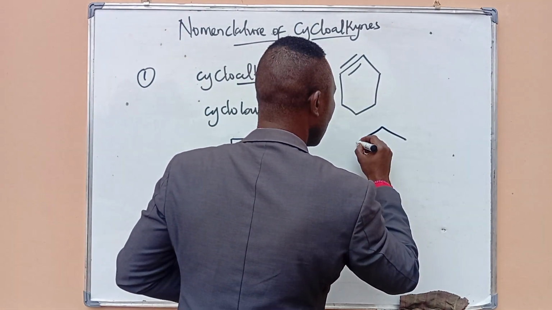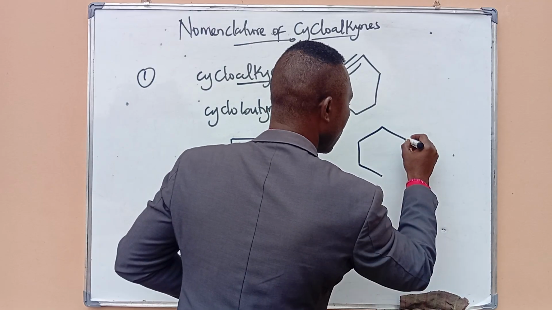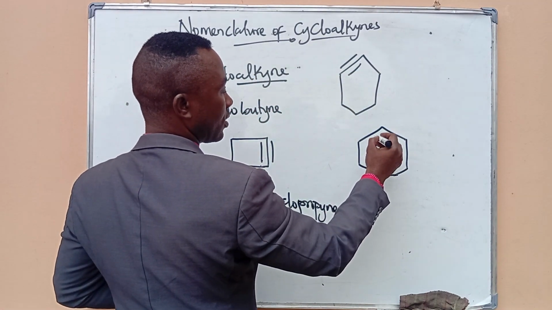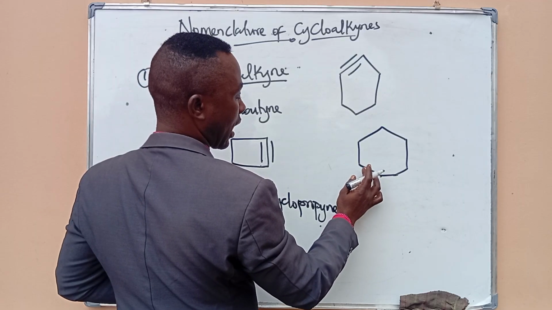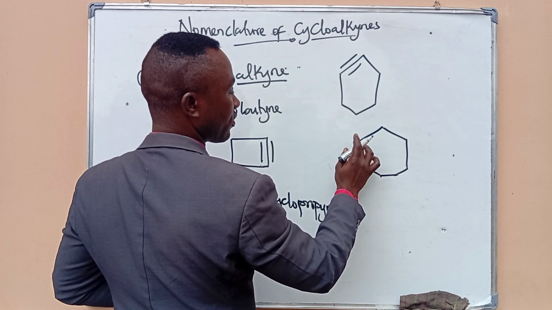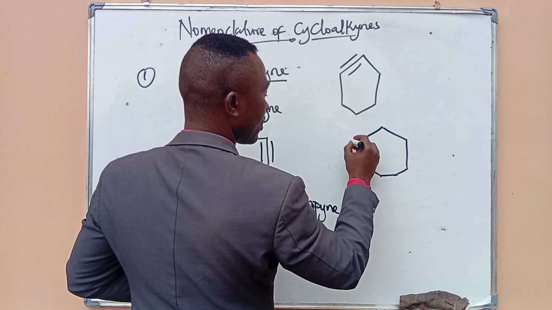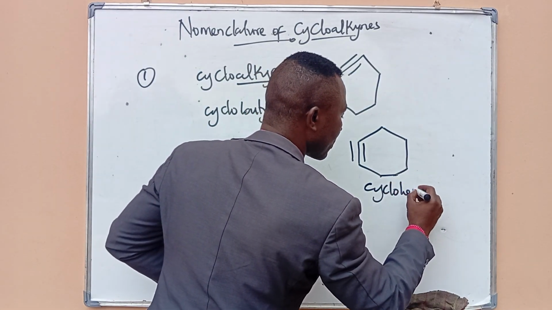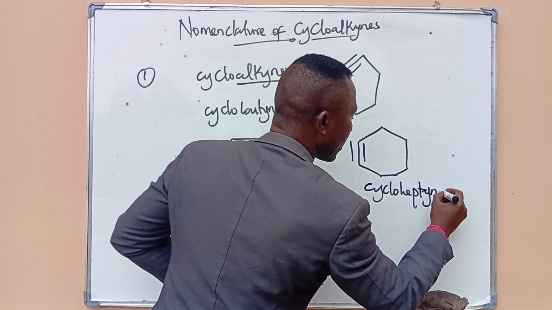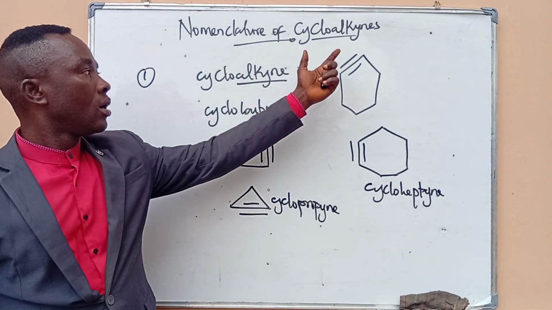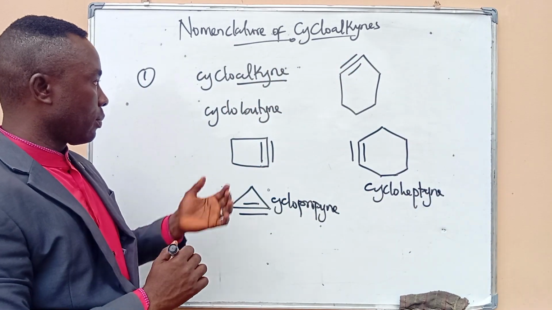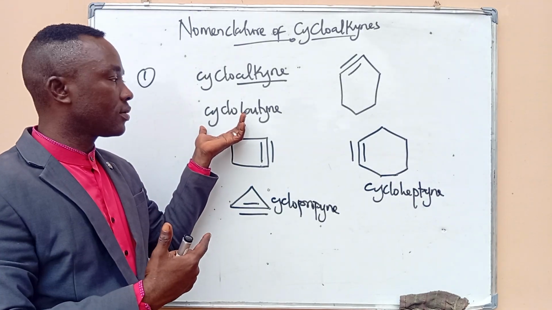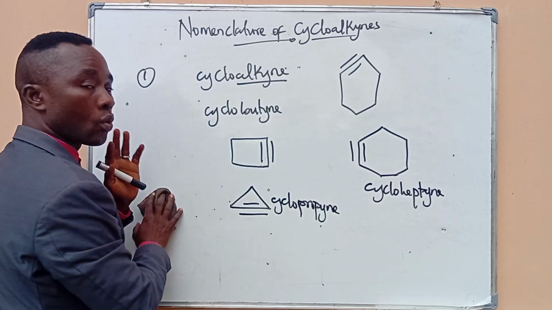So 1, 2, 3, 4, 5, 6, 7. When you count the sides, carbon 1, 2, 3, 4, 5, 6, 7. If there is a triple bond here, this is a cycloheptyne. So the nomenclature of cycloalkynes, we put cyclo before the parent compound. All right, that is rule 1.